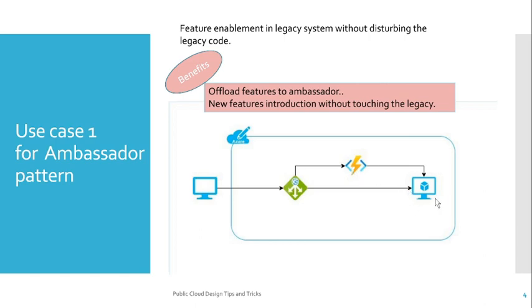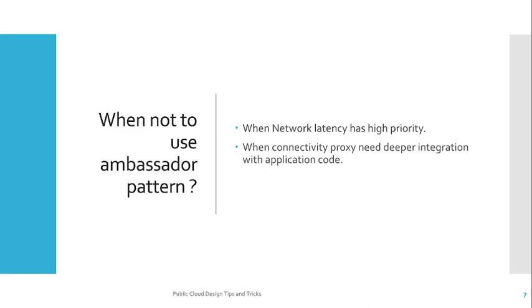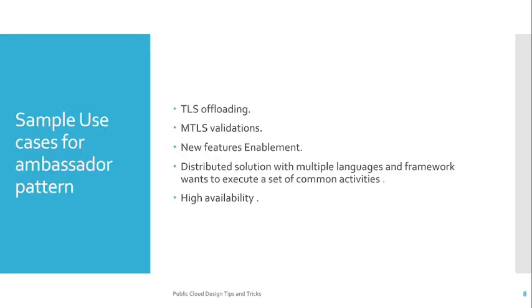That is where you need to be very careful when you are deciding on the ambassador pattern. If latency is the high priority, then do not choose it. And also, when the connectivity proxy needs deeper integration with the application code, that means there are a lot of changes you have to make in your application code or in your legacy code based on the ambassador pattern, do not prefer the ambassador, rather try to fix it in another way. So these are the two cases where you should never use the ambassador.